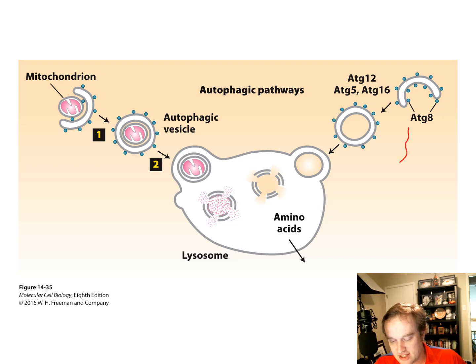So on the right-hand side, we're just surrounding a piece of cytosol, or on the left, an example of a mitochondrion that's kind of being swallowed up by it. And the proteins involved in this include ATG 5, 8, 12, and 16. So as you can see here, we have them listed. And ATG 8 forms the coat around this autophagosome.